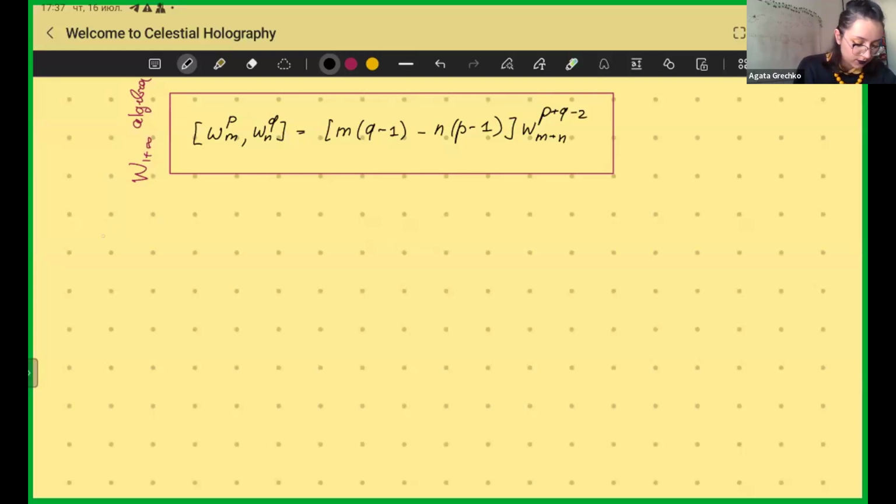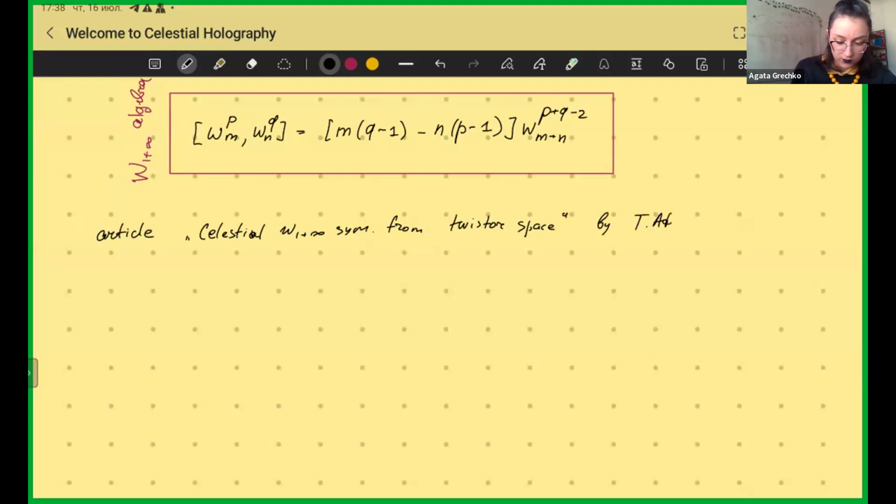Anyway, the paper, the article, Celestial W1 plus infinity symmetries from twistor space, by Tim Adamo and some other people, Mason and Sharma.